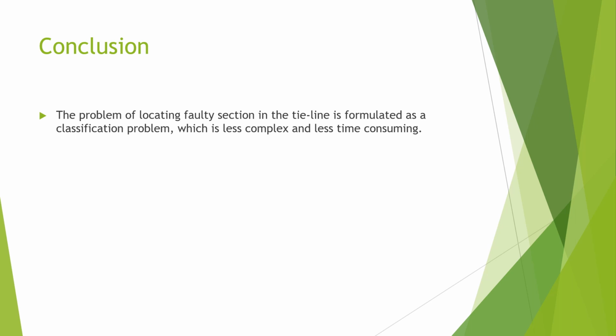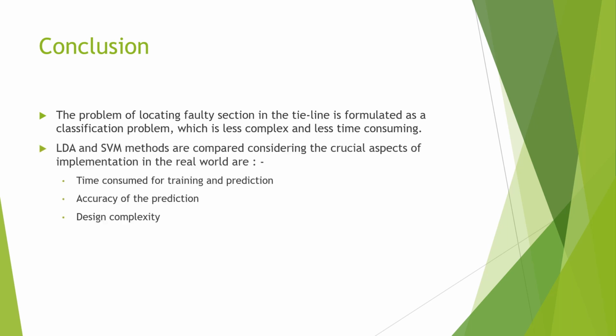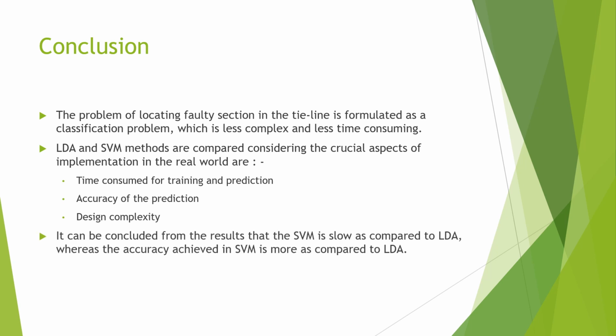Now we can conclude that the problem of locating the faulty section in the tie line is formulated as a classification problem, which is less complex and less time consuming. LDA and SVM methods are compared considering the crucial aspects of implementation, that are time consumed for training and prediction, accuracy of the prediction, and design complexity involved.